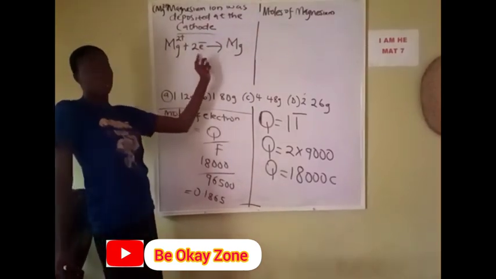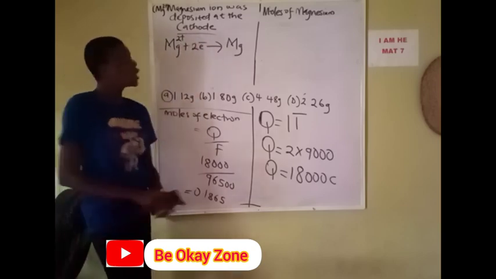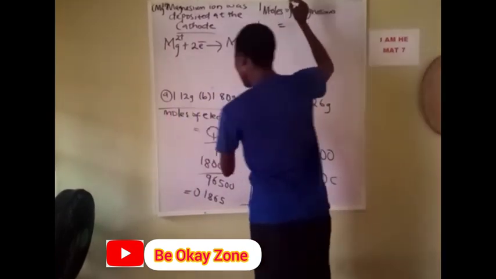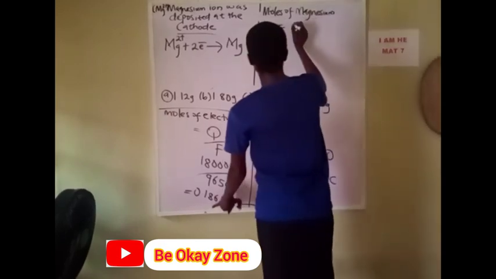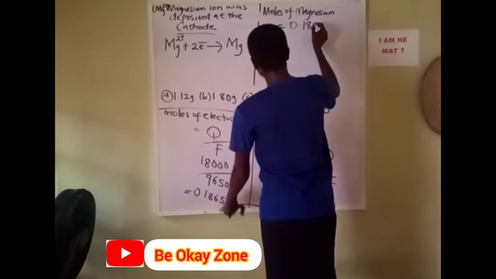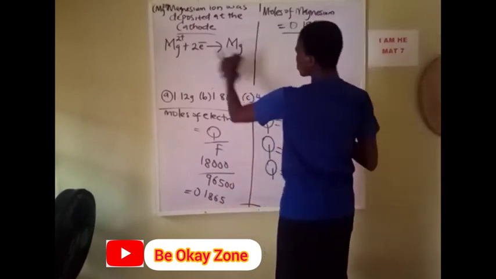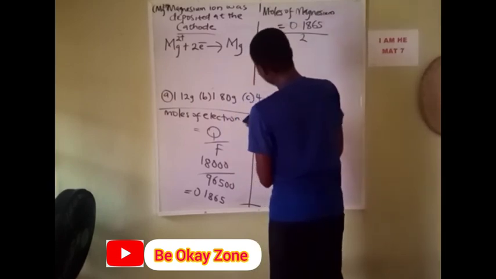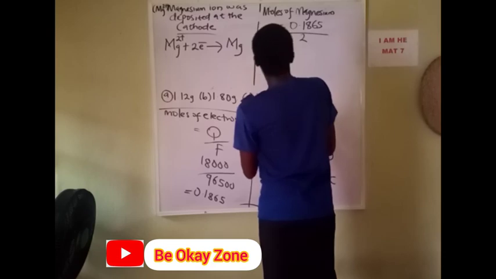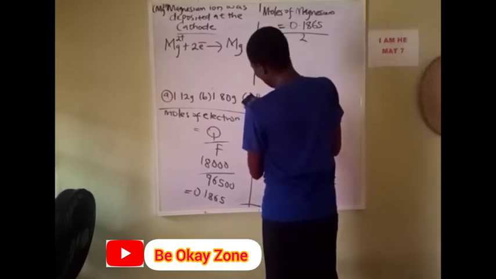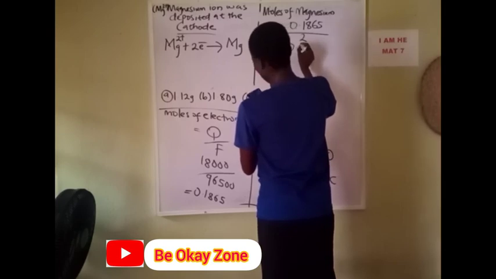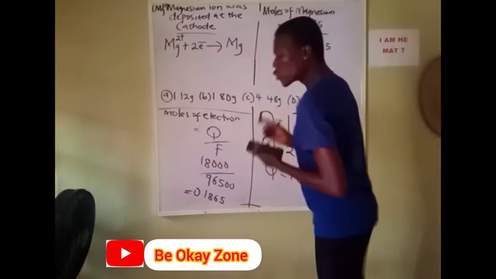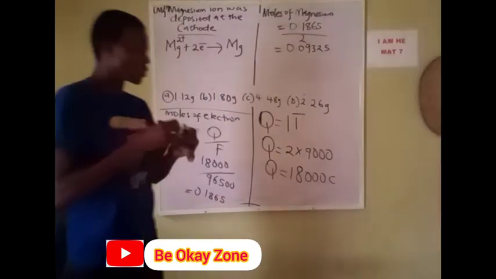Magnesium has a charge of 2 plus, so 2 electrons are involved. The moles of magnesium is the moles of electron from the Faraday constant, 0.1865, divided by 2, which gives us 0.09325.